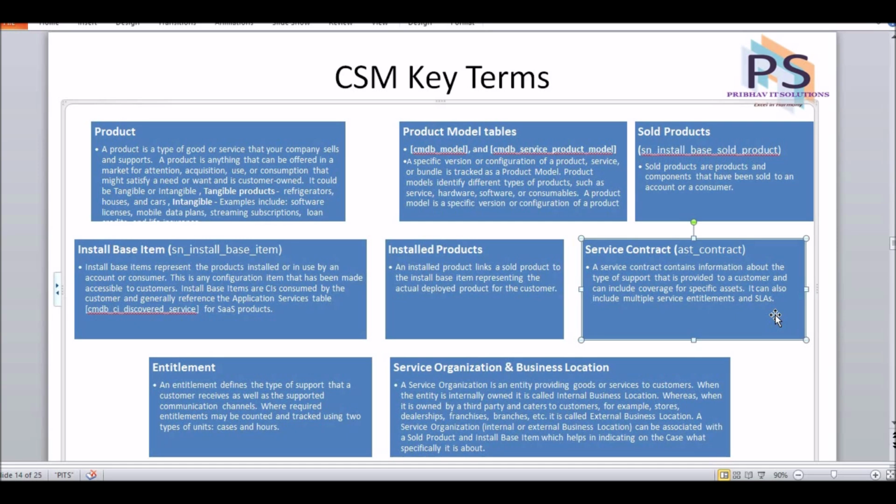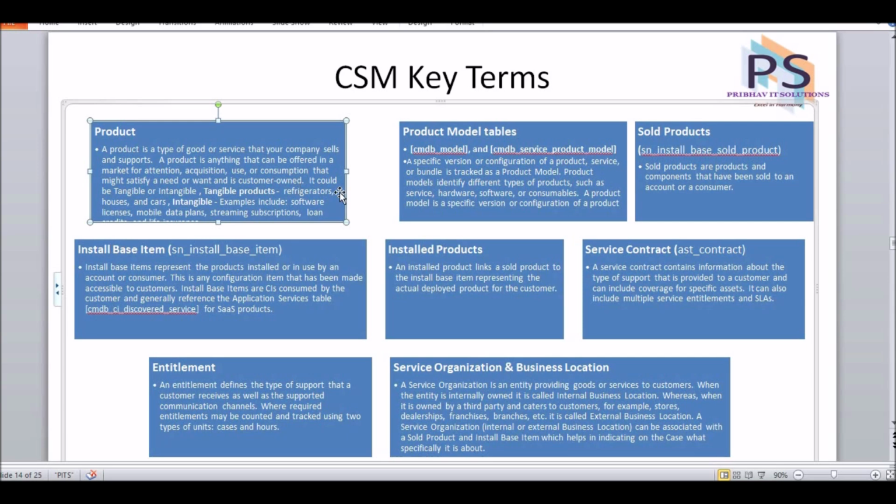Service contract might say whenever we log an issue for any product, the issue will be resolved in 48 hours. All those terms and conditions are part of the service contract. Now the product is the actual product which we bought, or which the company is selling and providing support for. This product is not always a tangible product. It can be intangible as well.